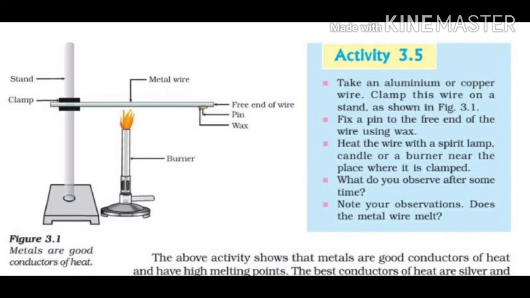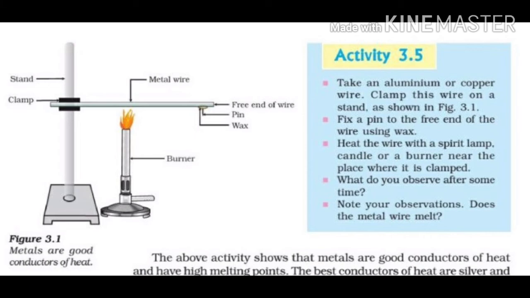Activity 3.5. Take an aluminium or copper wire. Clamp this wire on a stand as shown in figure. Fix a pin to the free end of the wire using wax. Heat the wire with a spirit lamp, candle or a Bunsen burner near the place where it is clamped.